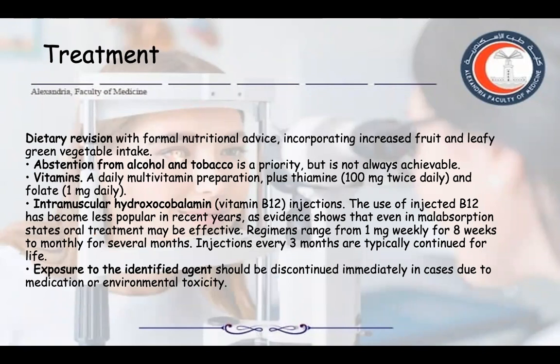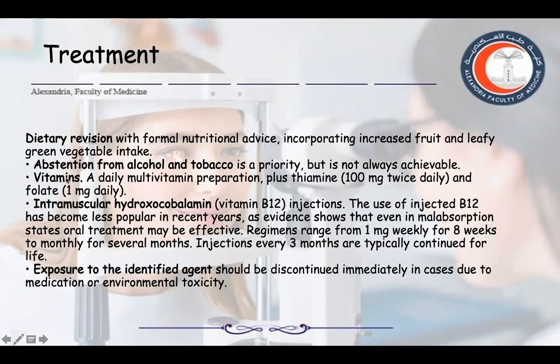Treatment. There is dietary insufficiency, so we need to provide our patient with dietary revision of his nutritional elements, increasing fruit and leafy green vegetable intake. Abstention from alcohol and tobacco, which is very difficult in Western countries, of course.